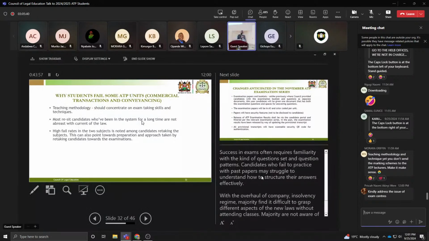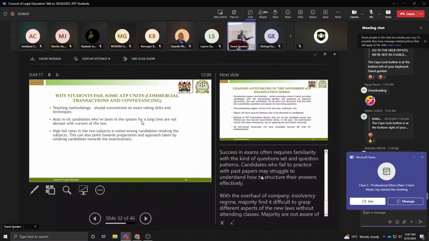In fact, today, commercial transaction, when I sat for these exams, or when the CEO sat for them, commercial transaction had several components, including sale of goods, negotiable instruments, hire purchase, then whatever you're doing was part of it. But some of those topics were removed because then there was also argument that people are failing commercial.